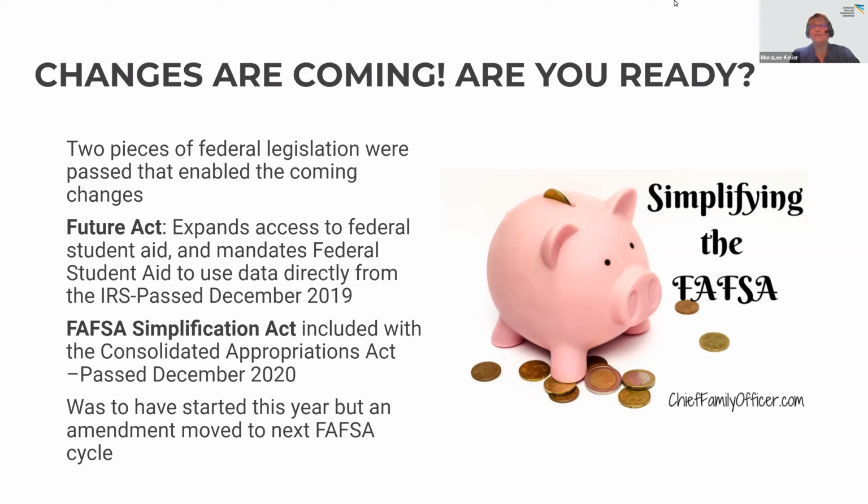And that act really allowed an expansion of being able to transfer federal income tax information from the IRS directly into the FAFSA. And then, as our poll question said, the FAFSA Simplification Act was passed in December 2020, which really led to the very specifics that you're going to learn about today that were included in that legislation.